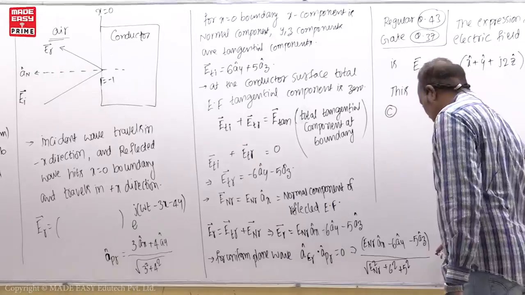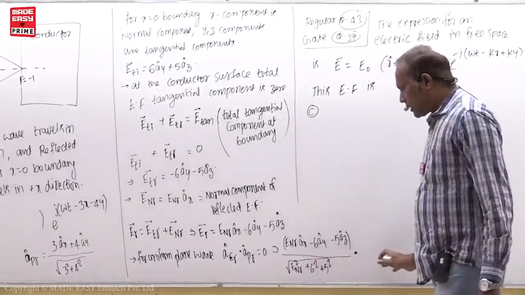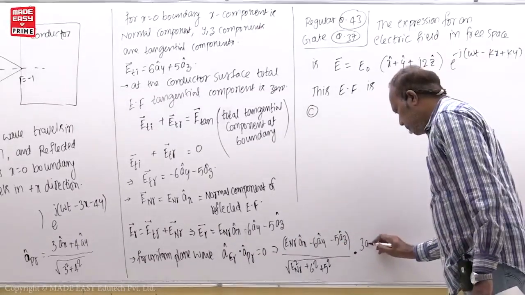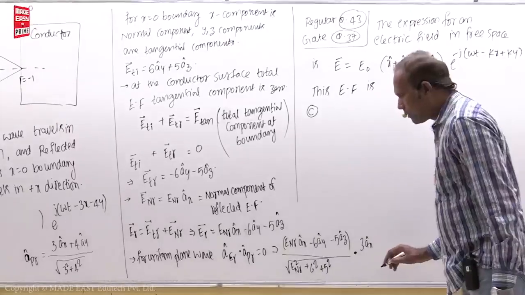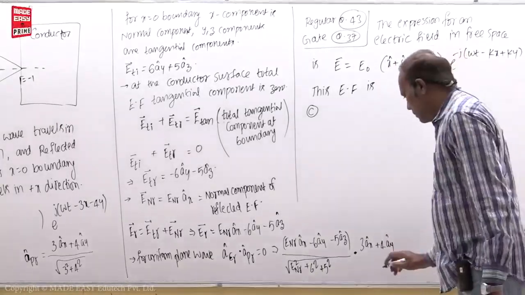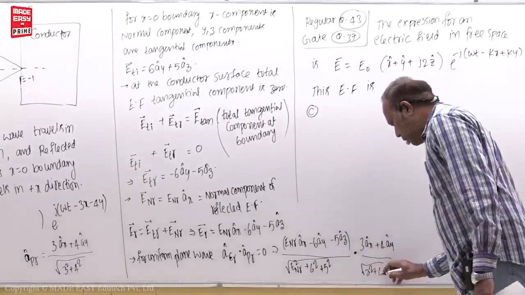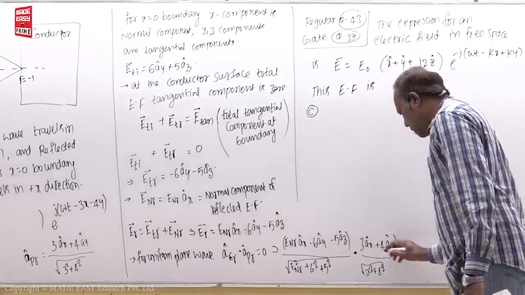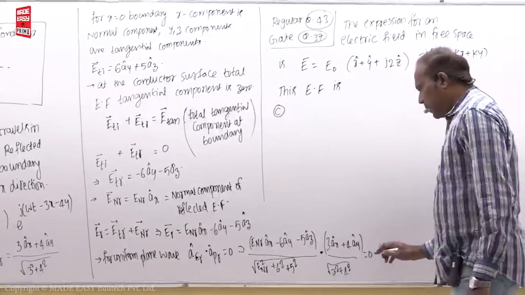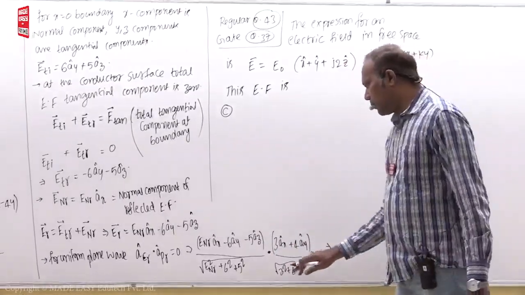Anyway, no need to write this one, because the dot product is equal to 0. Now APR is 3AX plus 4AY divided by root of 3 square plus 4 square, and this is equal to 0.